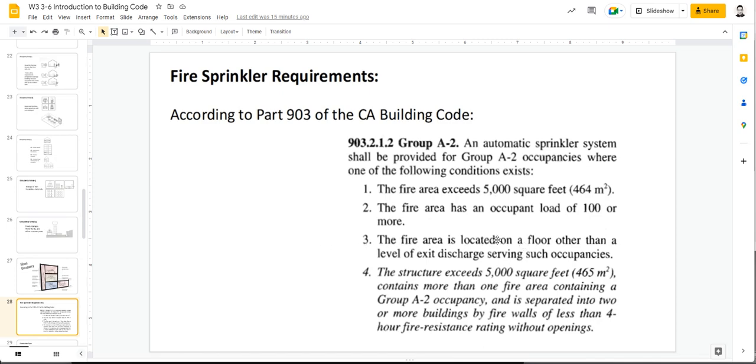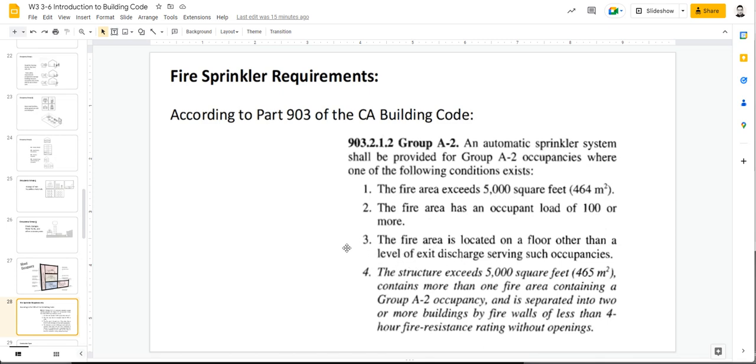Because the last time we looked at our building, the building on that particular street or zone under the special planning district has to have 2 floors. And if you have 2 floors, that means you actually triggered your fire sprinkler, because your flammable area, the area that can catch on fire, is located on a floor other than the level of exit discharge. So if your exit discharge is on the first floor, you have to provide fire sprinklers.